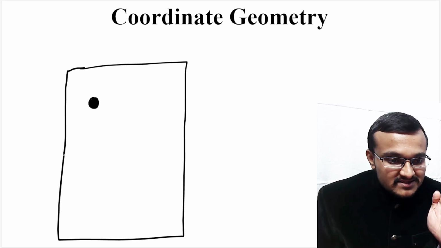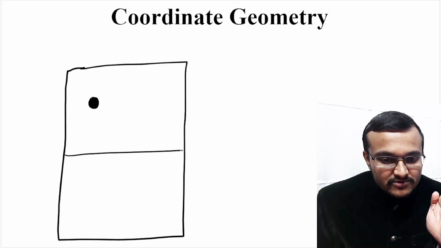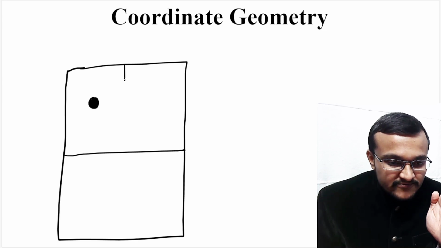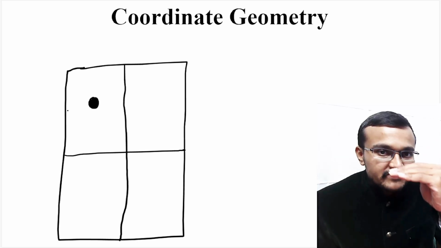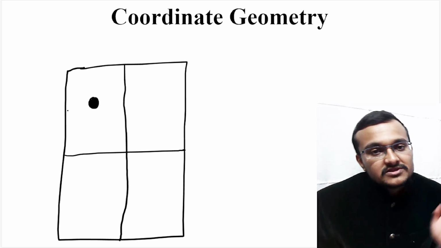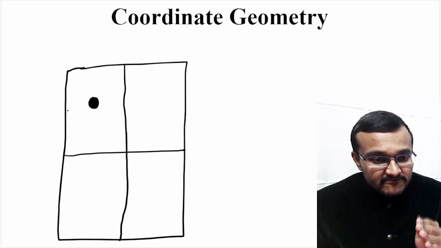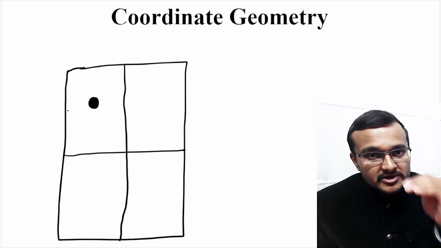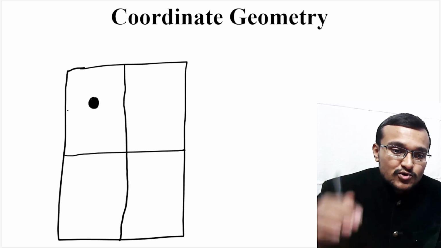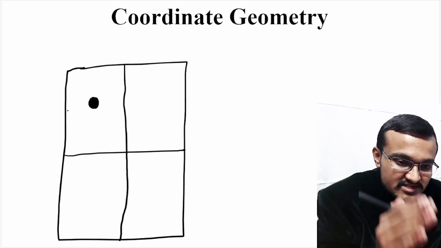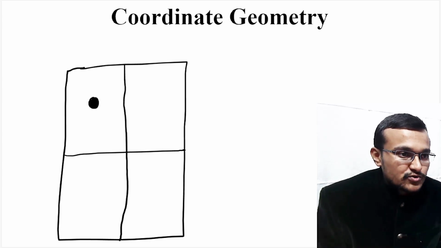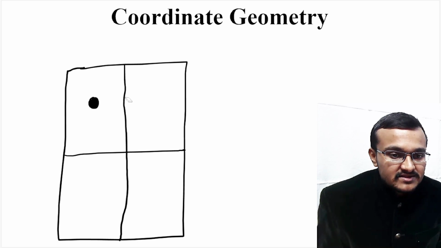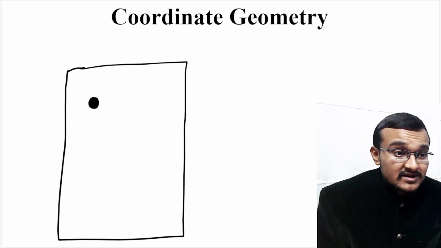Now if I divide this paper into four different parts like this, this dot comes somewhere in the upper part of the paper and on the left hand side. So now we have the left hand side and upper part of this paper, but we don't know the exact position of this particular dot.